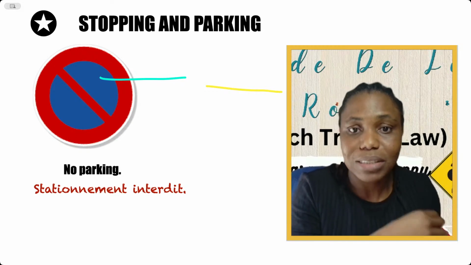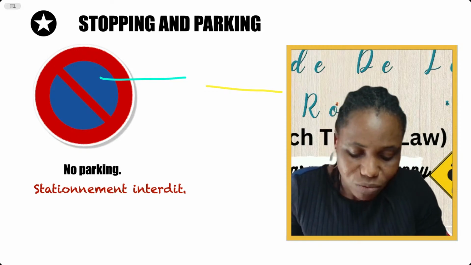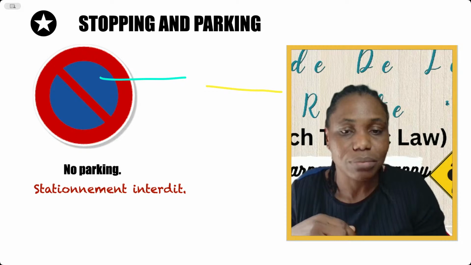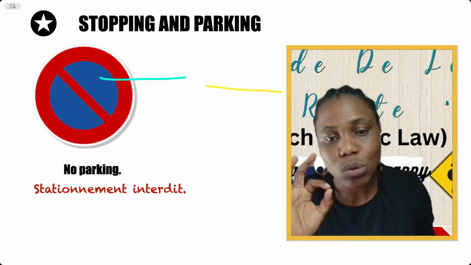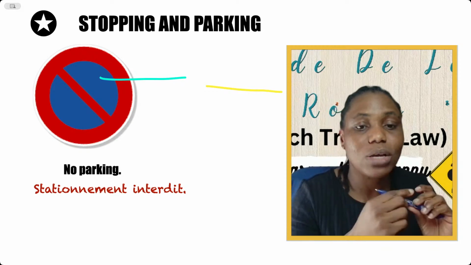This panel is valid from where they put it until the next intersection. And there is another sign, lines that show you that parking is not allowed. That is when you see a yellow line.